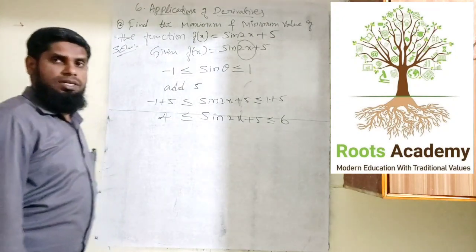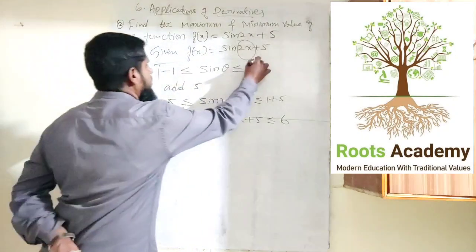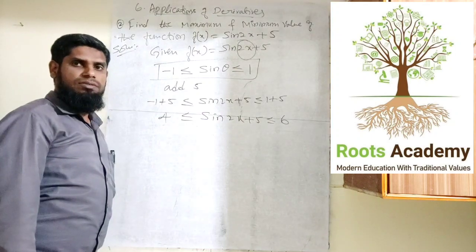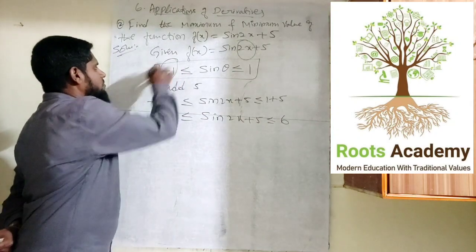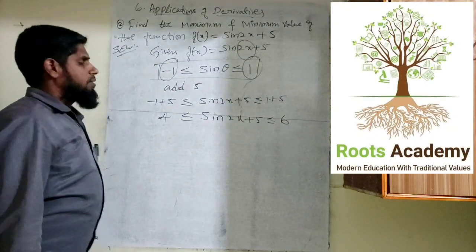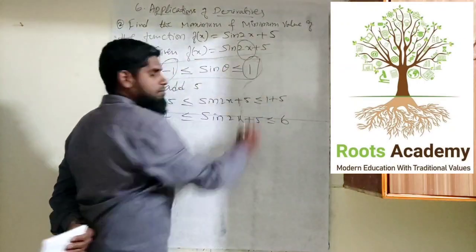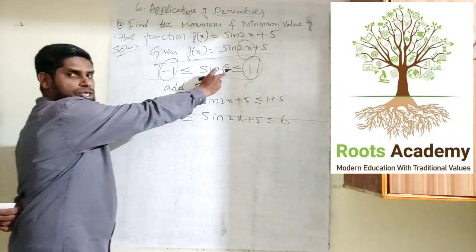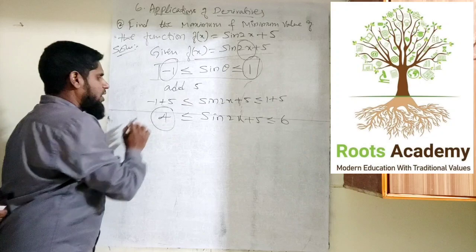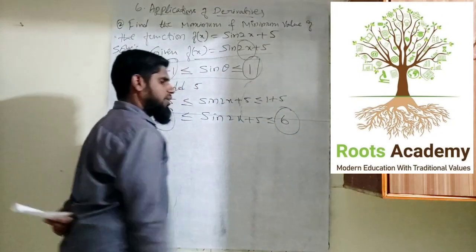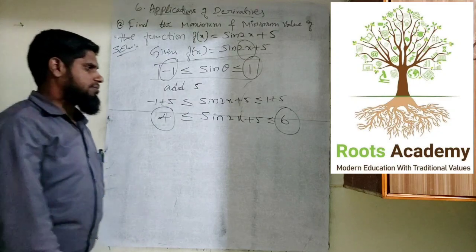Now student, as I told you, the minimum value of sine is always -1 and the maximum value is +1. But in this particular problem 5 is added, so if I add 5 to this condition, then the minimum value is 4 and the maximum value is 6.